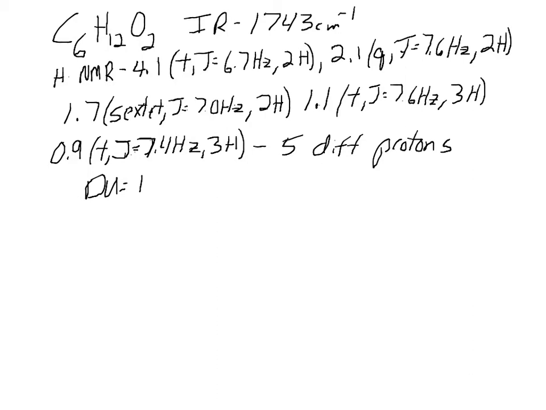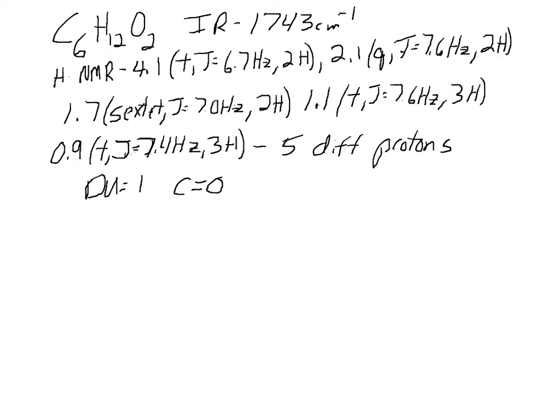All right. What does the IR tell us? Look at your IR tables. What is that? What range is that? A C double bond O. And if you look closely, it even tells you exactly what type of C double bond O. We mentioned this in class. This C double bond O has a higher frequency, so it's harder to stretch.